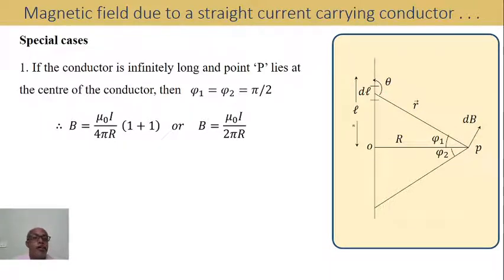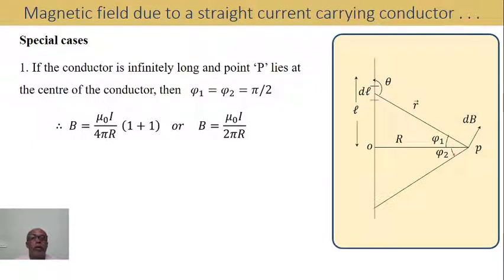Coming to the special cases, if the conductor is infinitely long and point P lies at the center of the conductor, that is, if point P is at point O itself, then these two angles become equal to 90 degree. Phi 1 equals phi 2, which equals 90 degree.